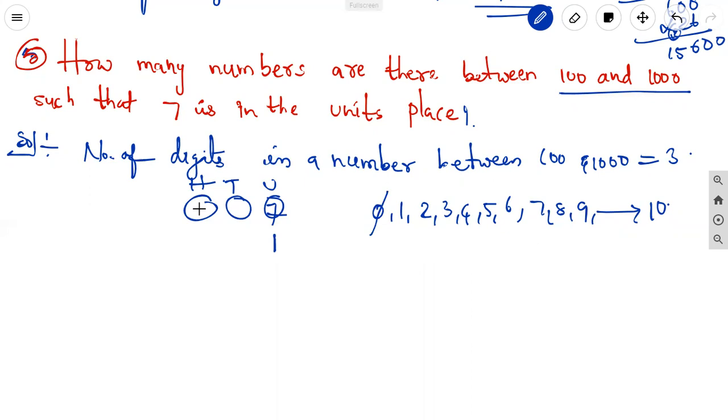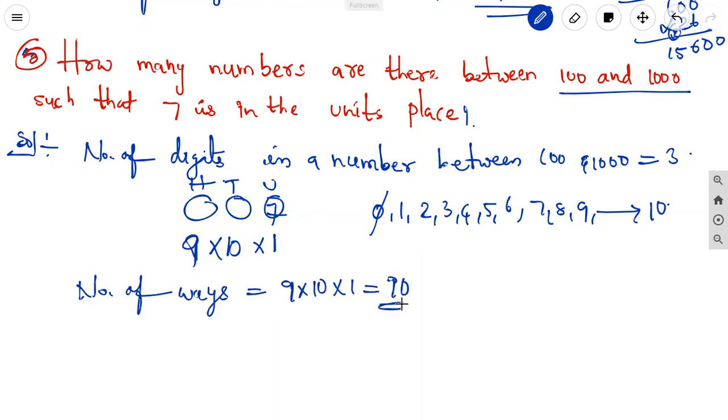So in the hundreds place, only 9 ways. In the tens place, we can use all digits, total 10 ways. So the number of ways is 9 into 10 into 1, that is 90 ways.